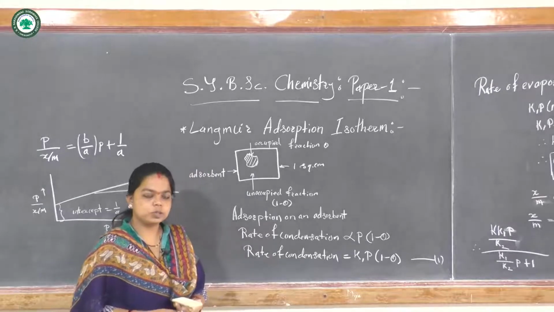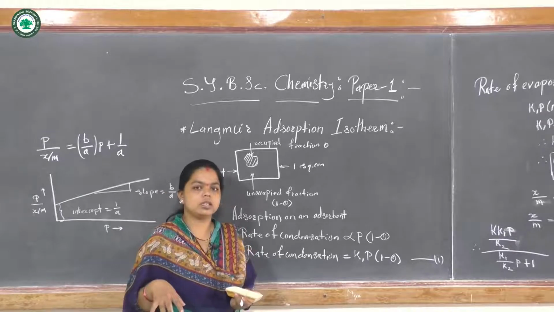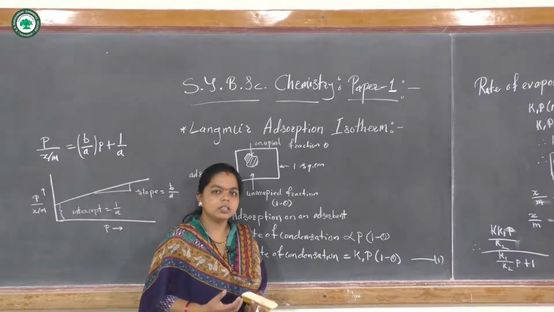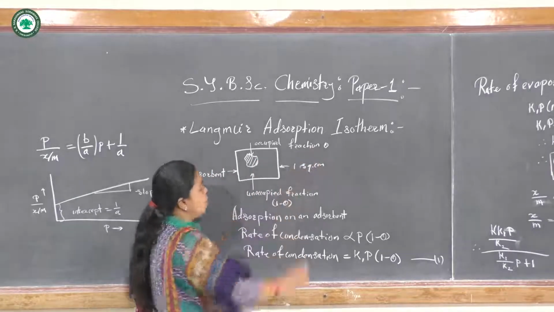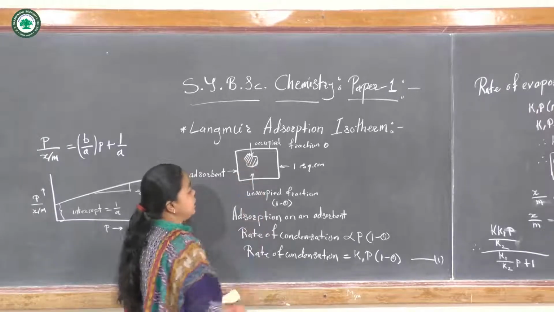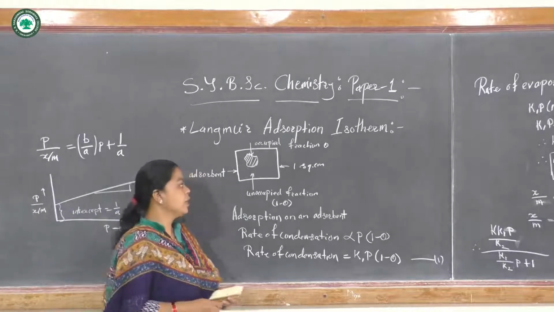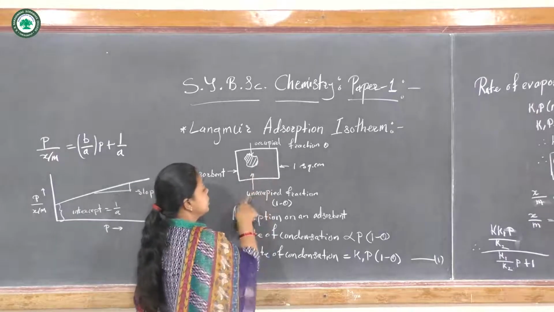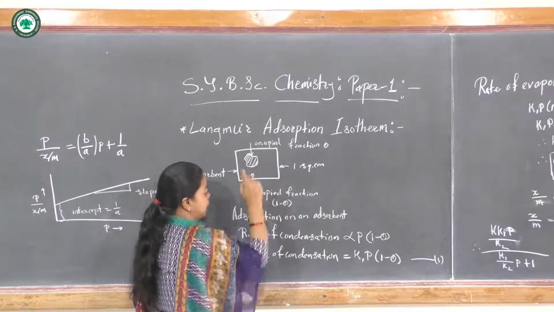So in the adsorption process, some molecules get attached or bound to the surface area at a particular time, and this fraction is called theta, the occupied fraction. Now the remaining part, if we consider 1 square centimeter of area, is the unoccupied fraction, which is shown empty here.